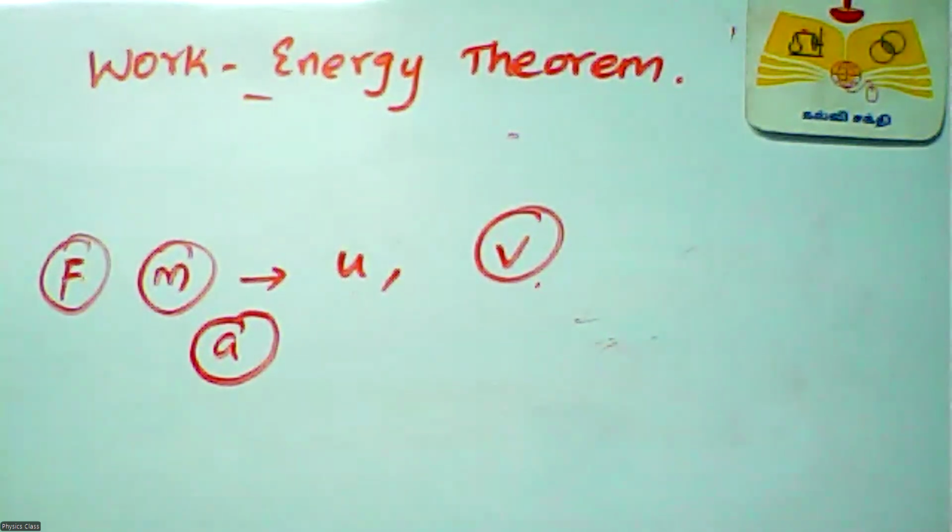If one object has some other kinetic energy from the initial kinetic energy, then either velocity is increasing, or in another case, mass increases. In the kinetic energy formula, half m v square, m means the mass of the object, v means the velocity of the object. But the mass of the object does not change.